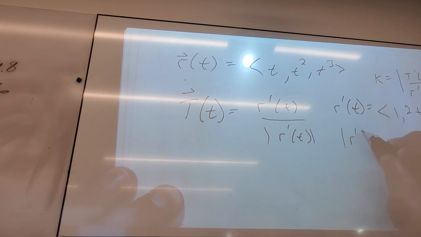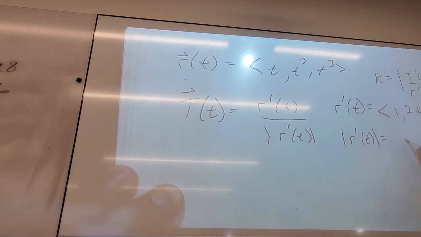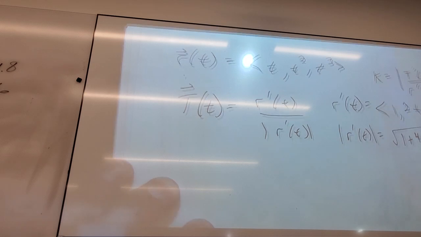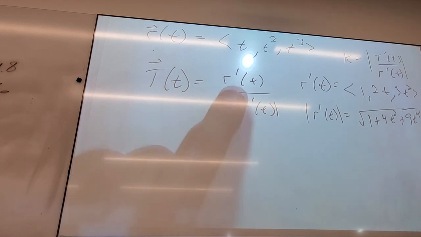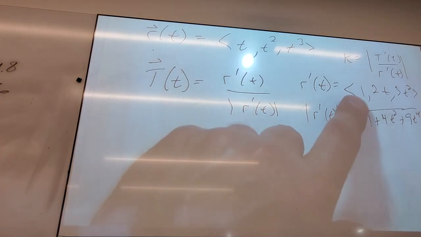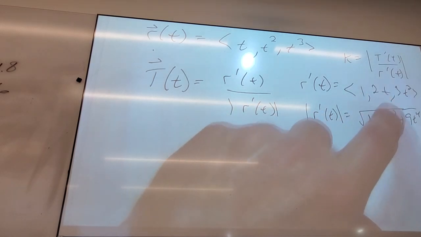What is the length of R prime? Is that okay? You guys with me? So R prime divided by the length of R prime would be 1 over this plus 2t over this plus 3t squared over this.